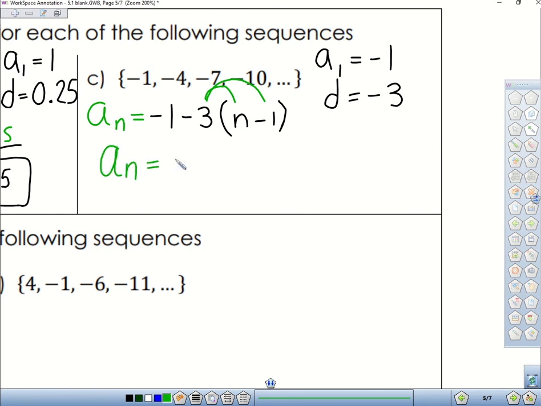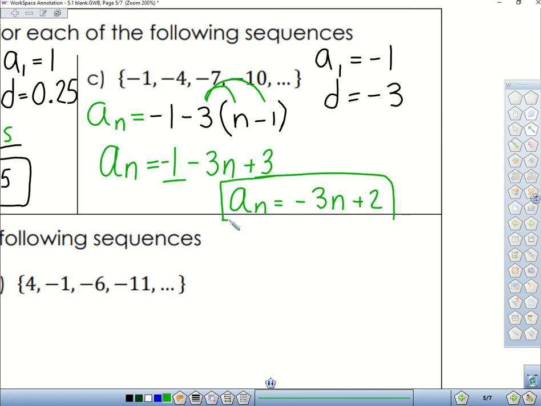A sub n is equal to 1 minus 3n plus 3. Combine these like terms. What's -1 plus 3? Good. So that will be our simplified version of the formula.